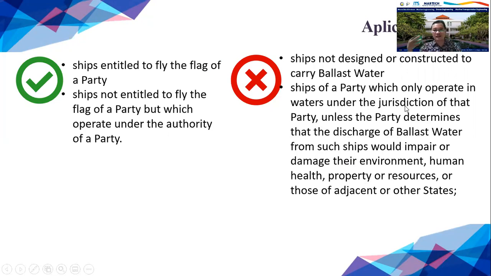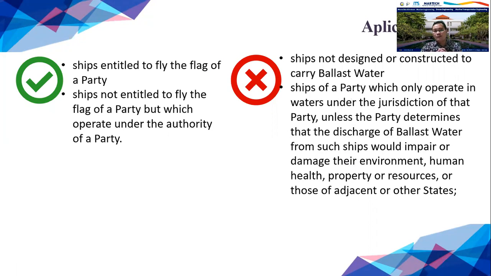Okay, let's say for instance, the second sentence in this case, a ship of a party which will only operate in waters under the jurisdiction of the party, means the ship operates domestically or nationally, not internationally.